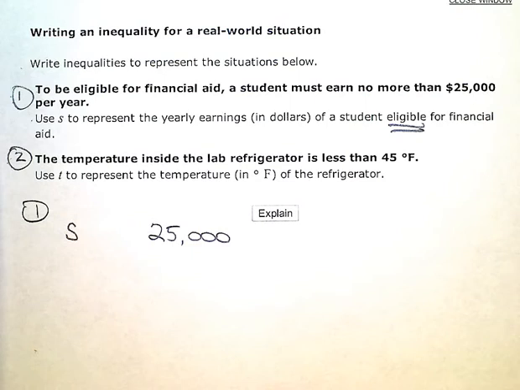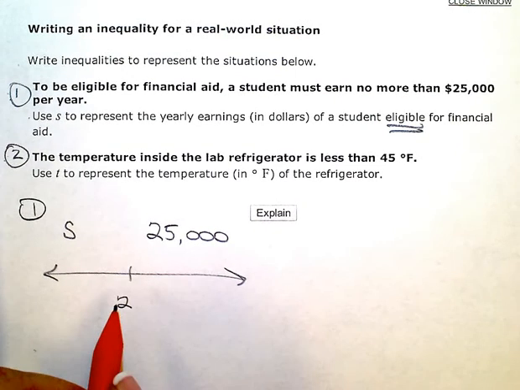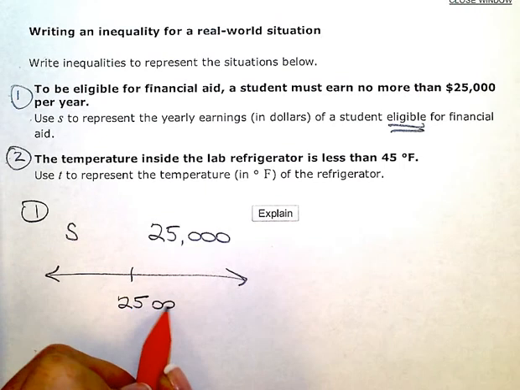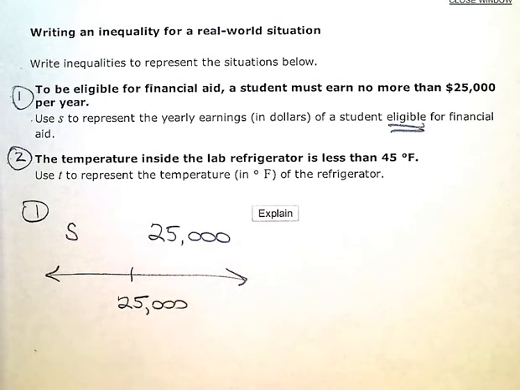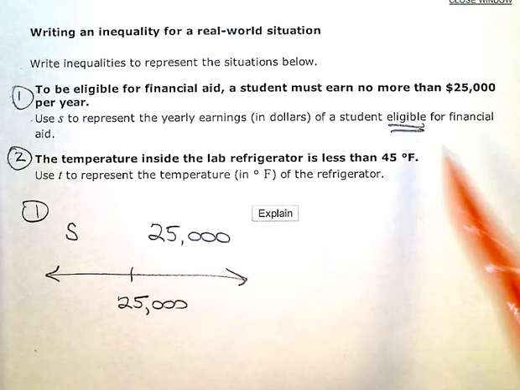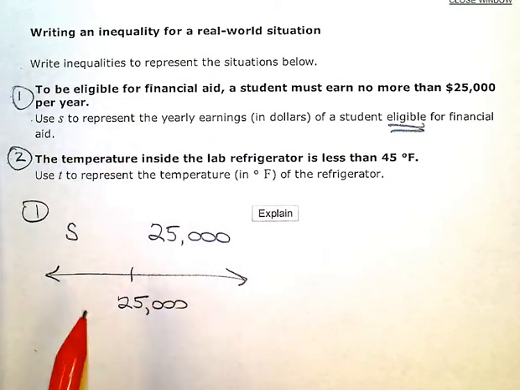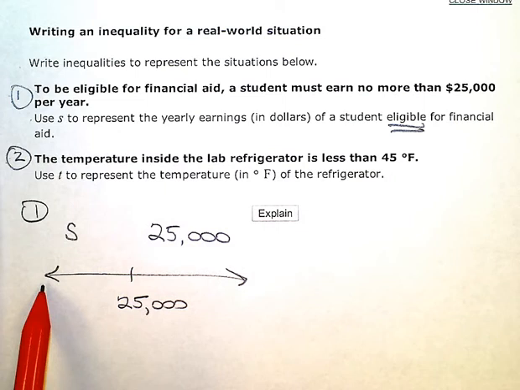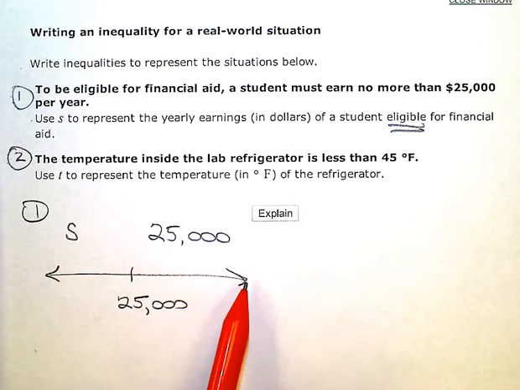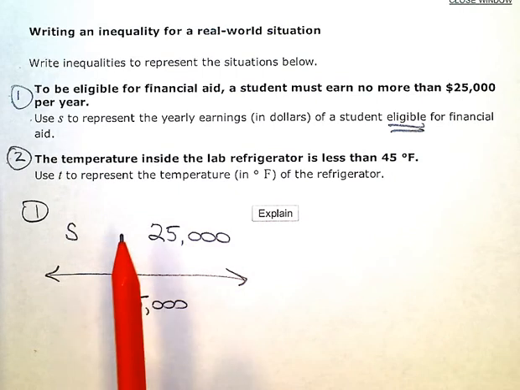Or like if this was a number line, we would have $25,000. And I'm trying to decide, is a student who's eligible, are their earnings per year, the amount of money they make in a year, to this side or less than the 25,000, or is it to that side or more than the 25,000? So this is kind of the divider or the critical point right there, the 25,000.